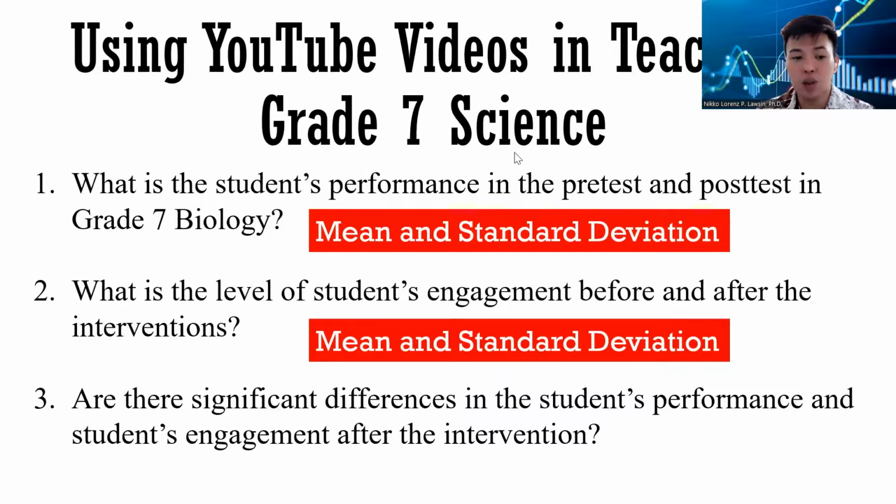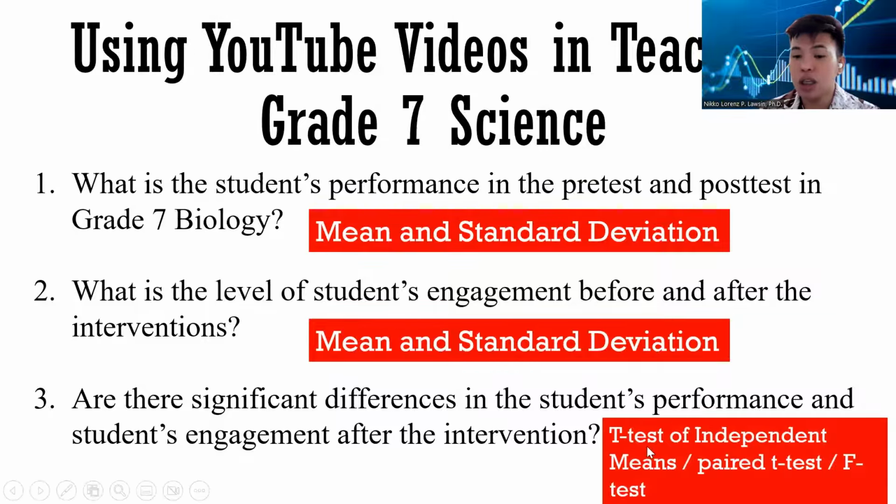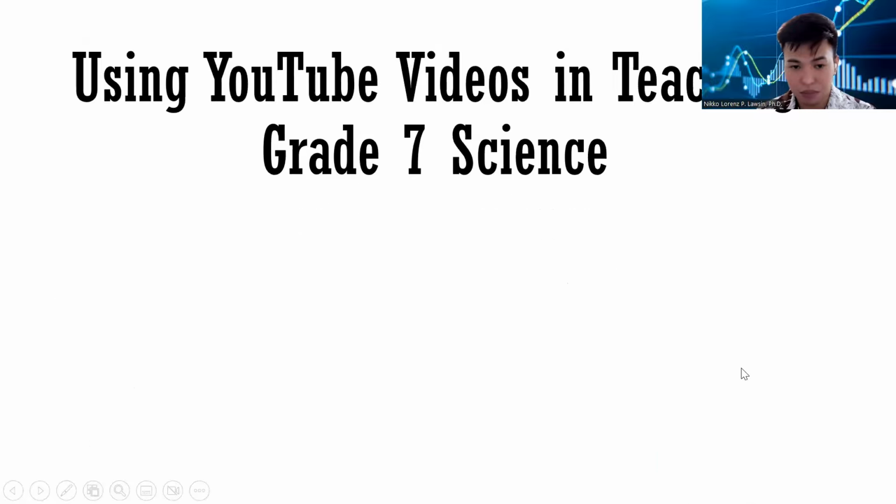And for the third question, are there significant differences in the student performance and engagement after the intervention? It can be answered using this statistical tool. You can use t-test of independent means, paired t-test, or f-test. But we have to take note of the following assumptions in order for us to use the above-mentioned statistical tests.